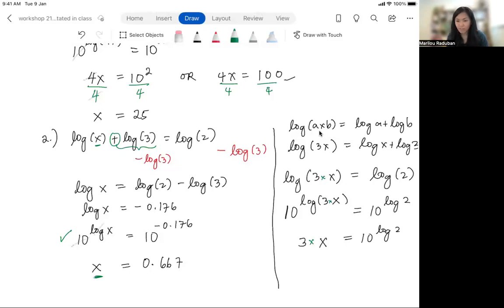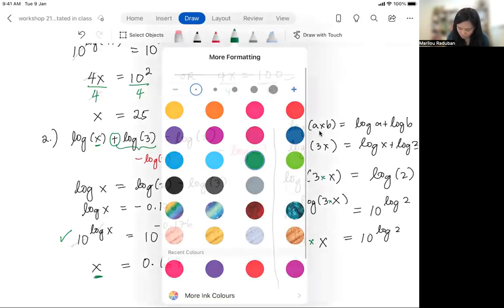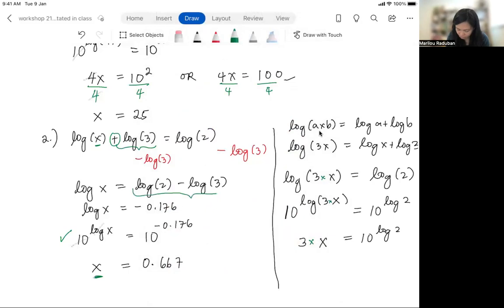Yes, you're right, Oksana. So log 2 minus log 3, which is this one here, you can write as log of 2 divided by 3. And you can also do log x is equal to log of 2 divided by 3.